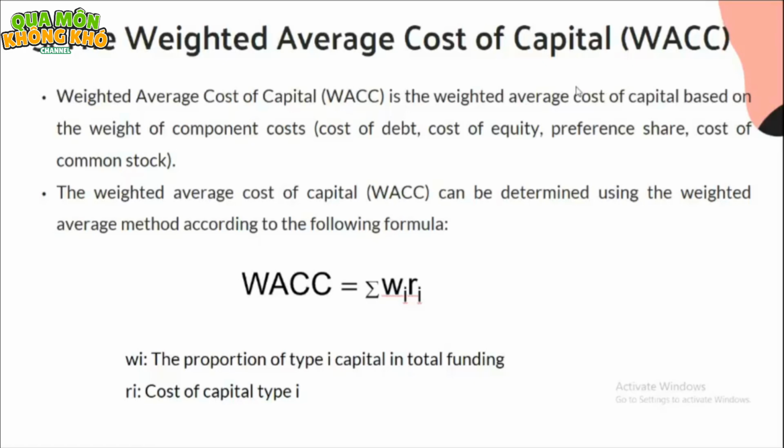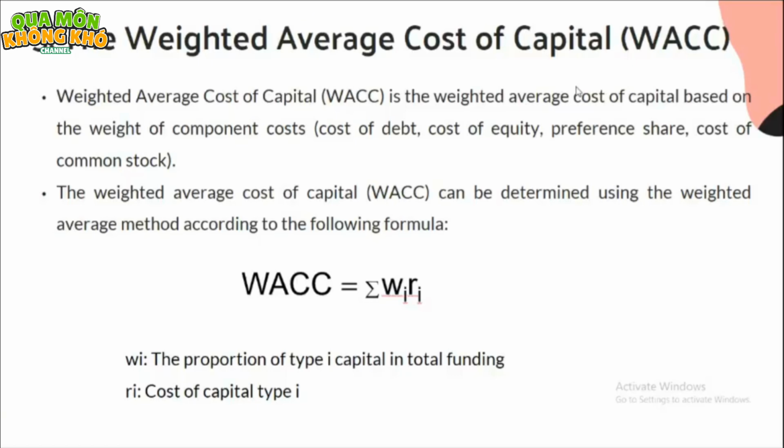WACC is the discount rate that should be used for cash flow with risk, and it's based on cost of debt, cost of equity, preference share, and cost of common stock. And this is the formula of WACC. WACC is the sum of We multiplied by Re, where We is the proportion of equity capital in total funding, and Re is the cost of equity capital.